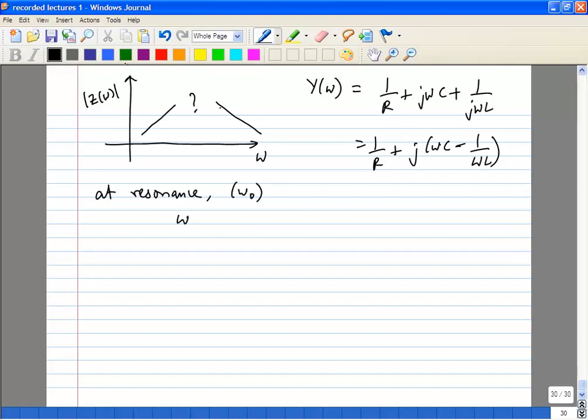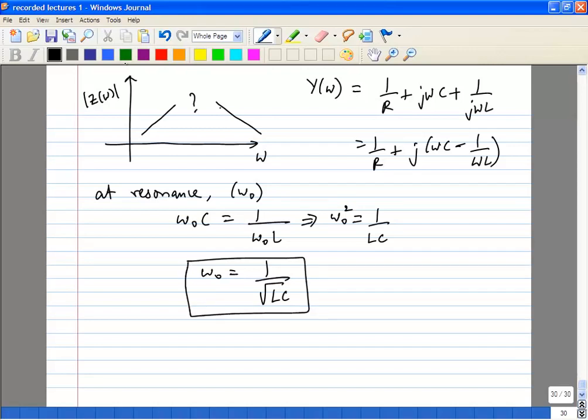At some frequency omega naught, you would find that omega naught C is 1 over omega naught L, and this frequency is the resonant frequency. And so you can derive the very well known expression for the resonant frequency of a parallel LC network. This is a very common result which you need to know.